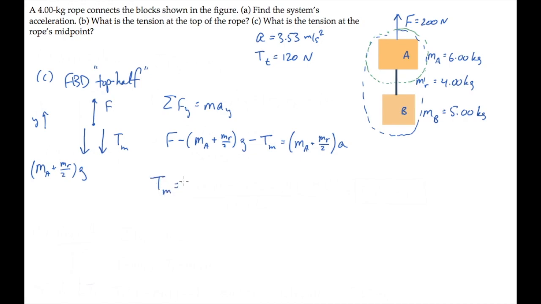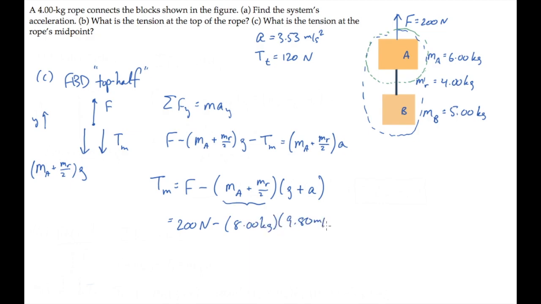Solve this for the tension at the midpoint, and substitute all the known values. Finding that the midpoint tension is 93.4 newtons.